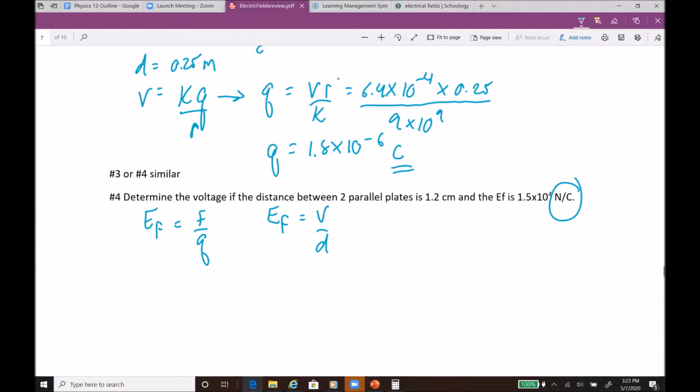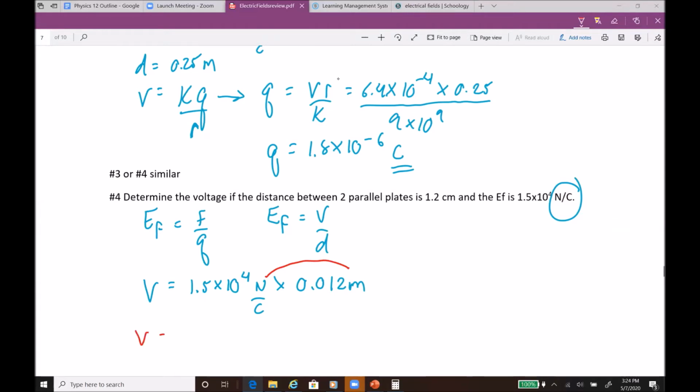So in this case, we're looking for the voltage, so we could rearrange and say that the voltage is the electric field times the distance, which is 1.2 centimeters, but you gotta make sure that's in meters. And if you remember, a newton meter is a joule, right? So that's why they're equivalent.